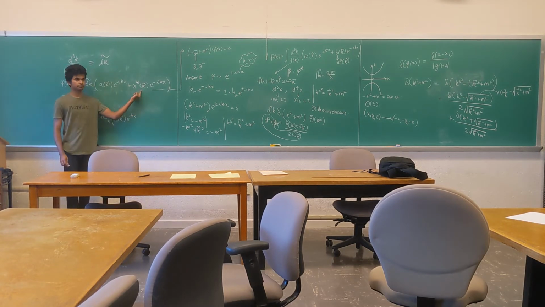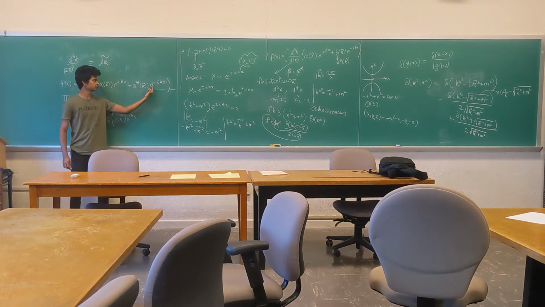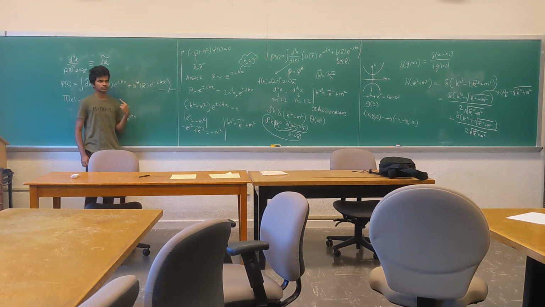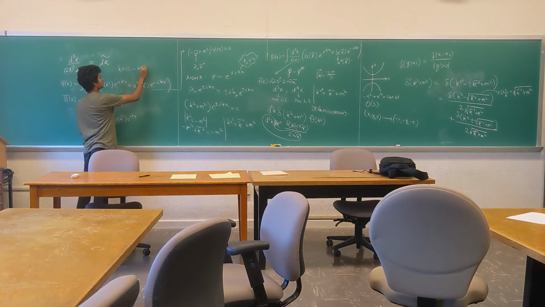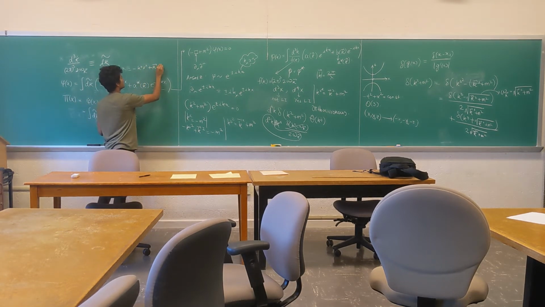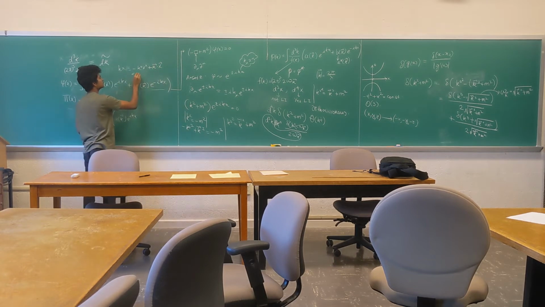From this guy I get a plus i omega k, because it's minus ikx, and kx is nothing but k naught x naught plus k dot x, which is minus omega k t plus k dot x.